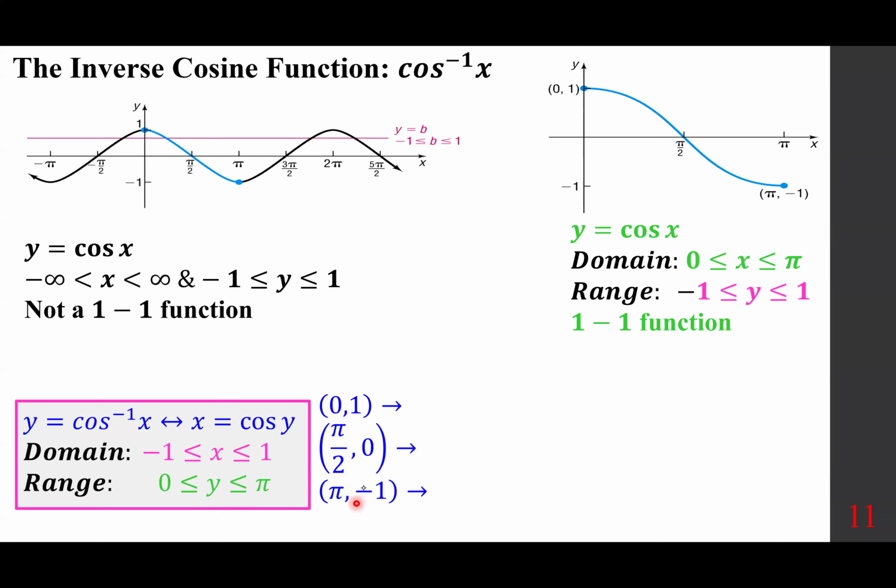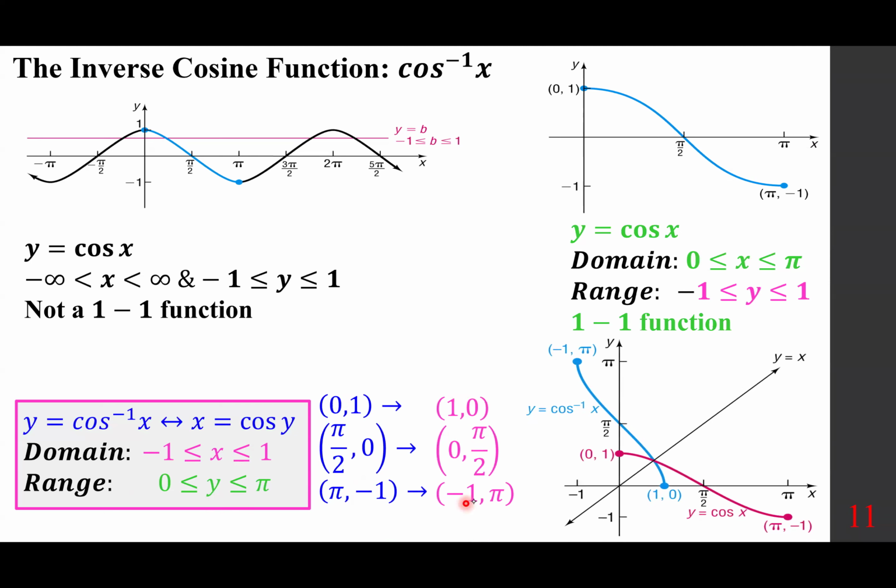Pi over 2, 0 becomes 0, pi over 2. Pi, negative 1 becomes negative 1, pi.